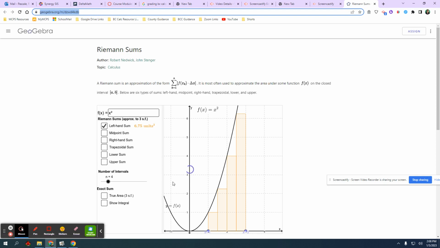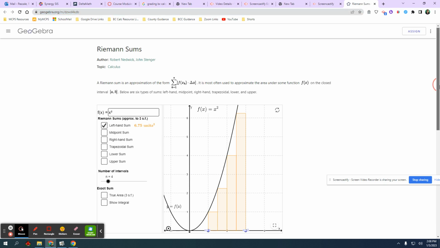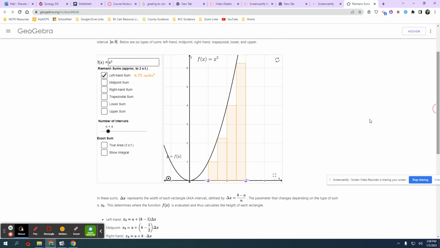So here's what we're doing. Why does it always default to left? We said 0 to 3, and we said 6 rectangles. That first rectangle wasn't a rectangle at all because the height was 0. Then the second rectangle, the height was when x was 1/2.